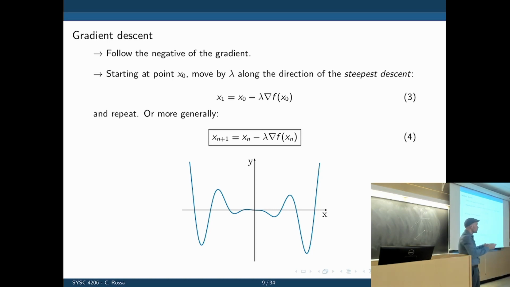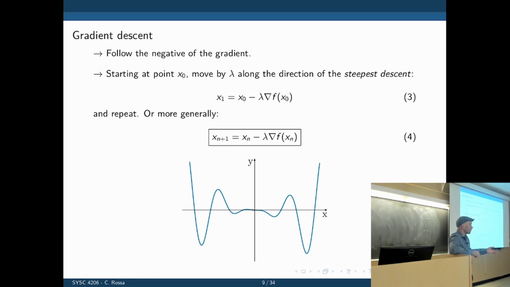So if we want to start at any point on the x and y plane and find our way to the minimum point, we follow the vector that has the greatest descent, the negative of the gradient. So we'll follow a line along the negative gradient towards the minimum of the function.